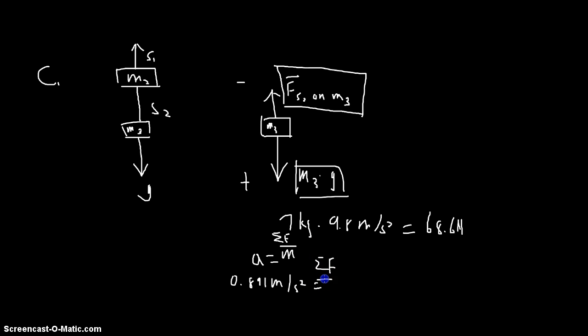So sum of F over M, oh, not over M. Well, M3, which is equal to 7 kg. So give me a sec. I have a calculator. Okay, so it's 6.237 newtons, which is equal to the sum of F.